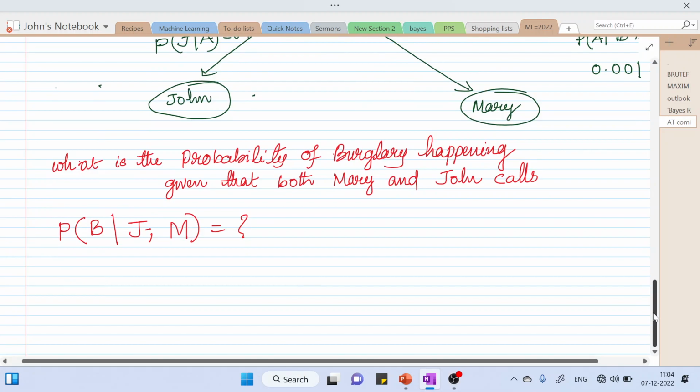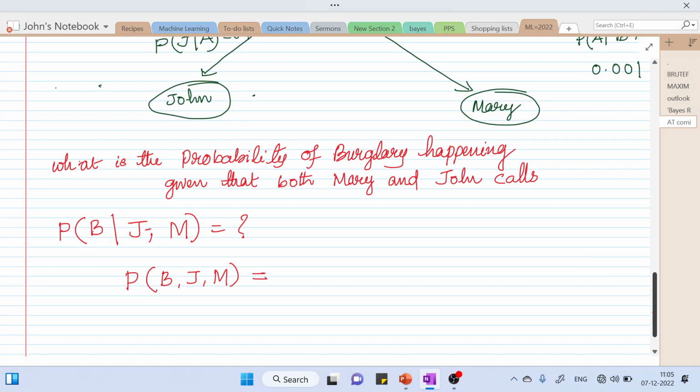Now let us come here. The probability of 3 events occurring is the probability of burglary occurring, both John and Mary having called, into the probability of John and Mary both calling.